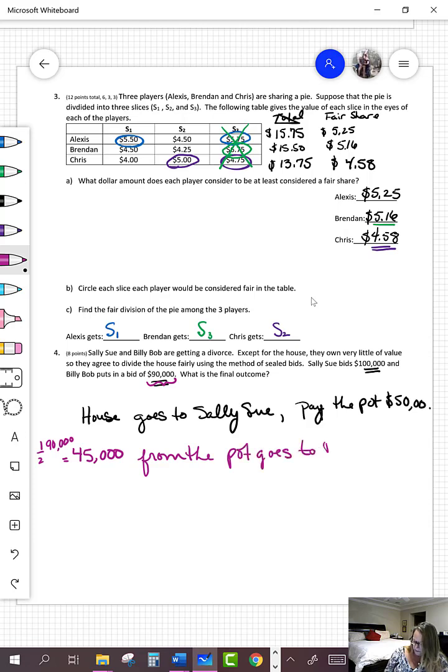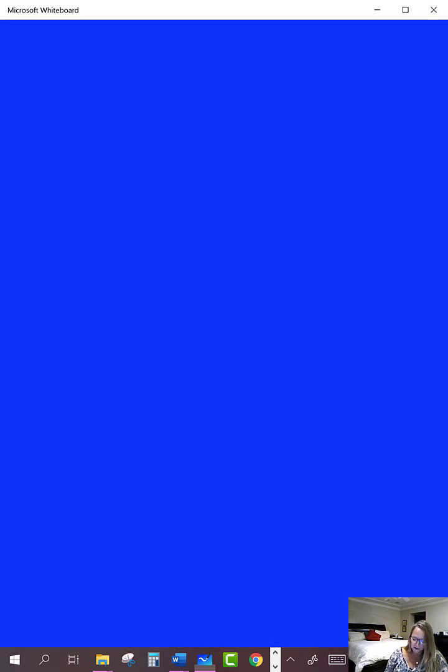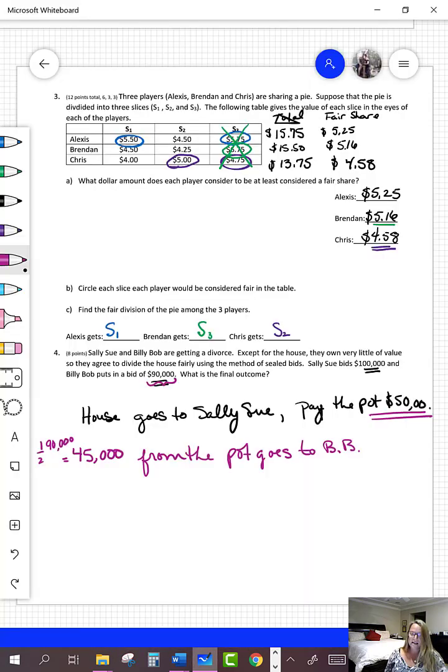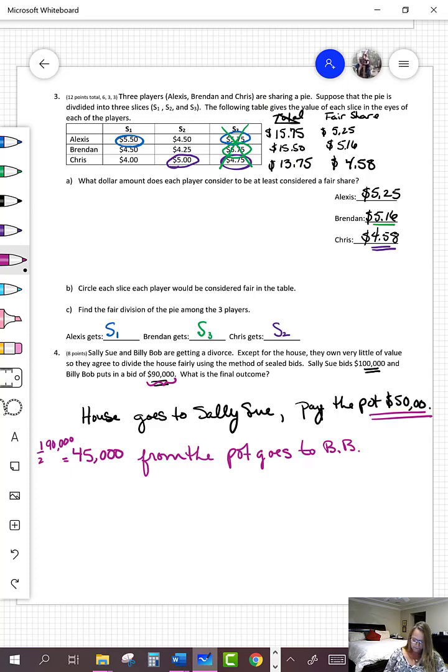You can call him BB, Billy Bob. So if this pot pays out $45,000, we have $5,000 remaining in the pot.